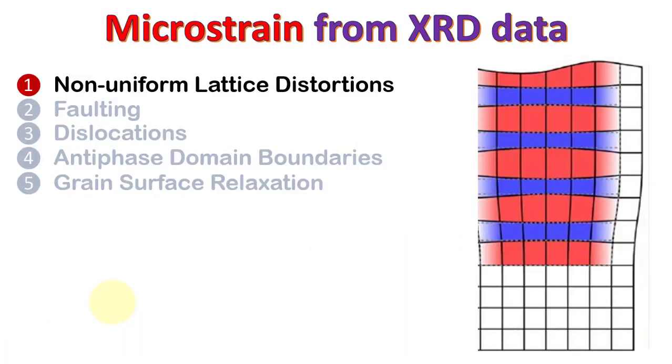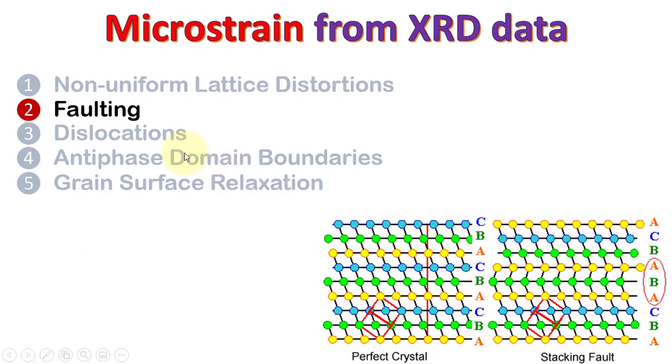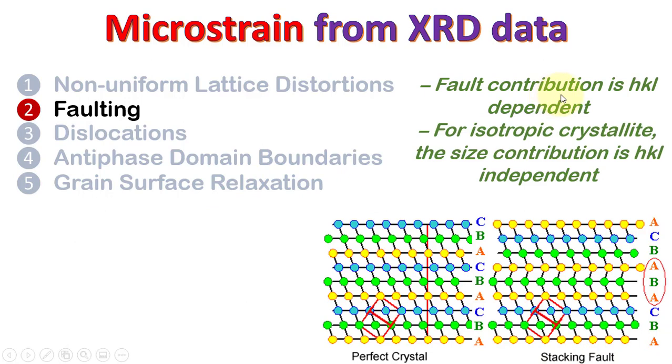The features that contribute to the microstrain include non-uniform lattice distortions, in which a distribution of d spaces exists compared to the ideal single d spacing. Faulting, in which the dominant is the stacking fault. Fault contribution to the microstrain is HKL dependent.